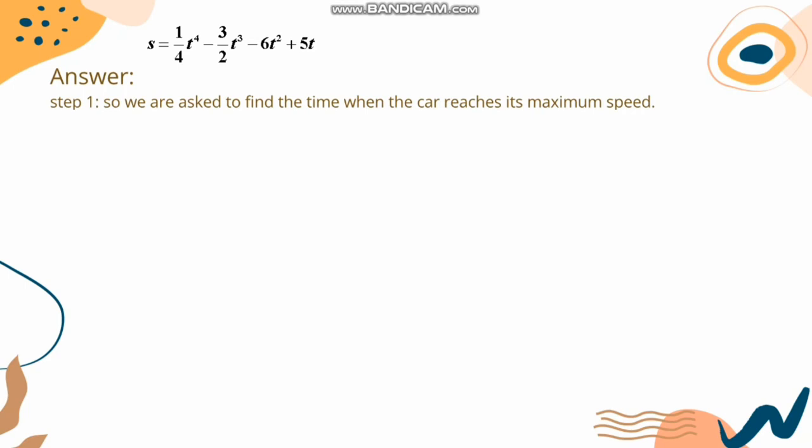Remember the maximum velocity condition v prime equal to 0, but we don't know the formula for the function v yet, so we have to find the formula v first. So v equal to s prime.